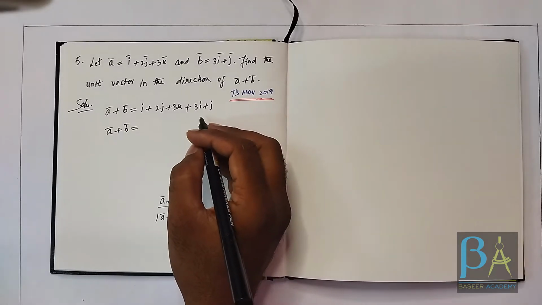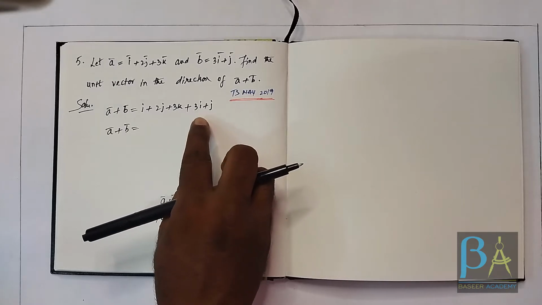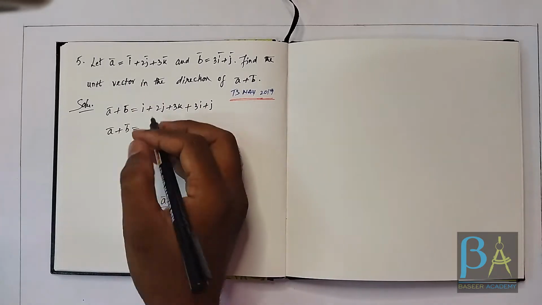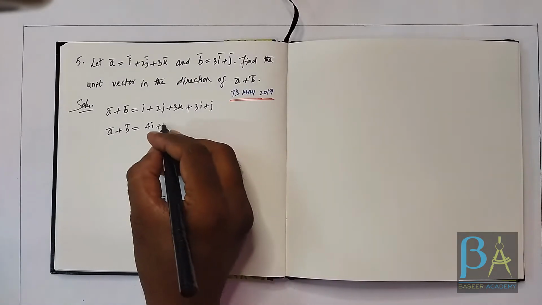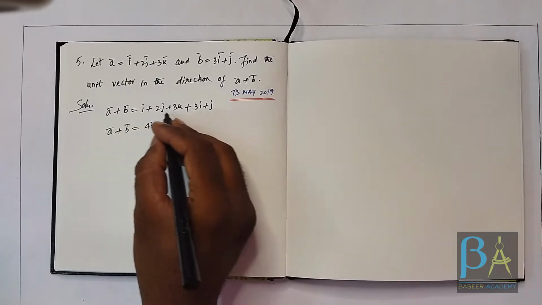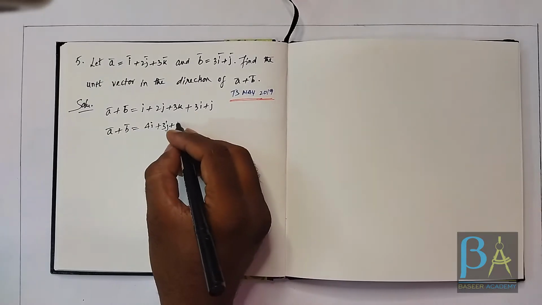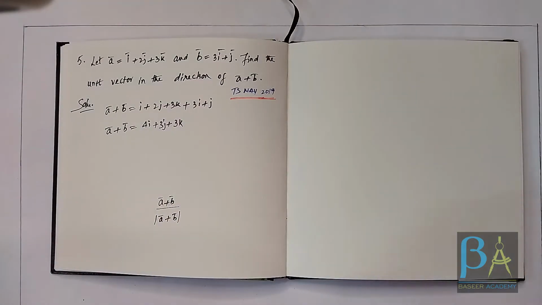You just need to add similar terms. In the same manner we add similar terms here. 3i plus i is 4i. Now 2j plus 1j would be 3j. And then this 3k, I see k is all by itself here. I don't see any other k here, so I'm going to write this 3k as it is. So that's about it. We found out A plus B.